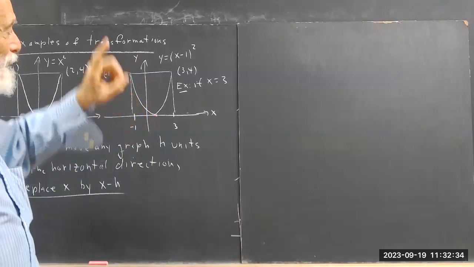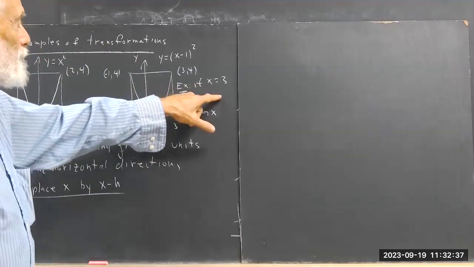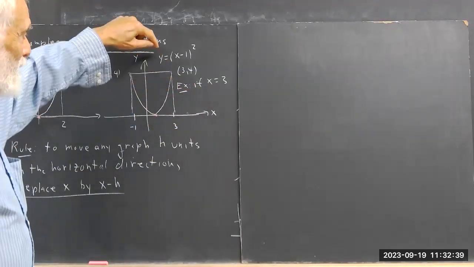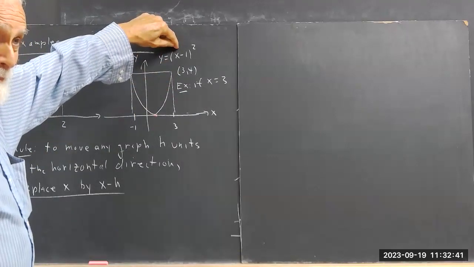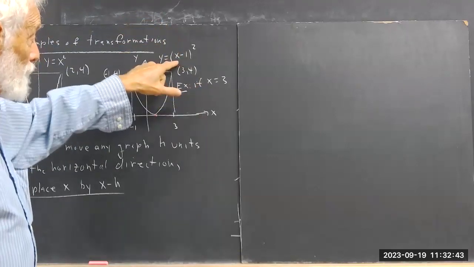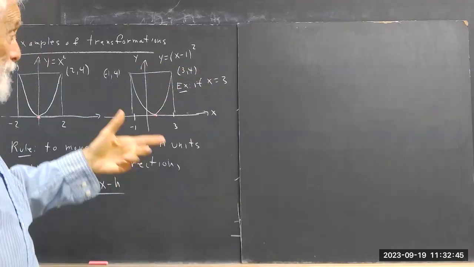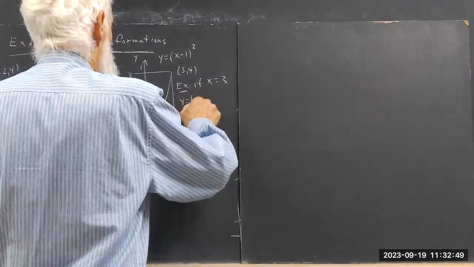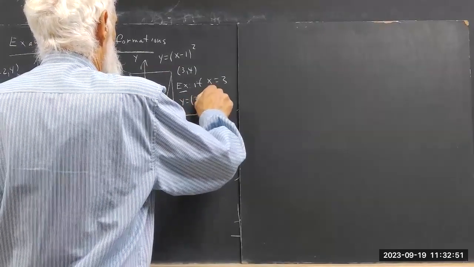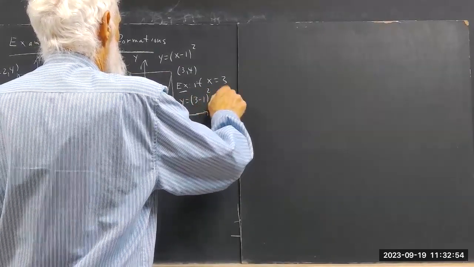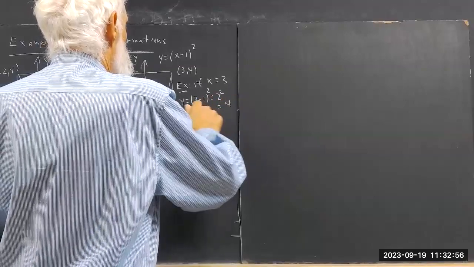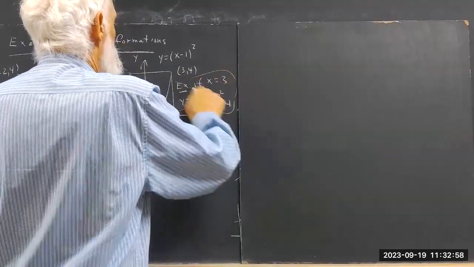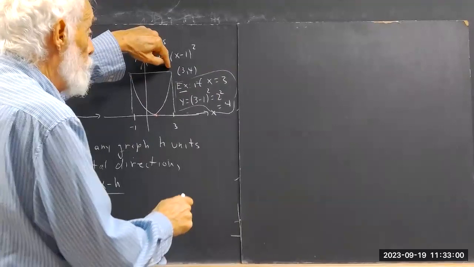Okay, so, but what we see is, I asked, if x equals 3, what do you get when you plug in here? That means you replace x by 3. And you get y equals (3 minus 1) squared, which is 2 squared, which is 4, which leads you to the point (3, 4).